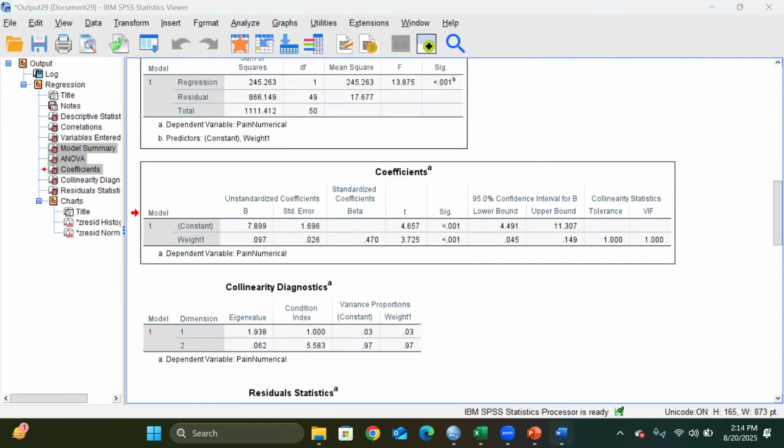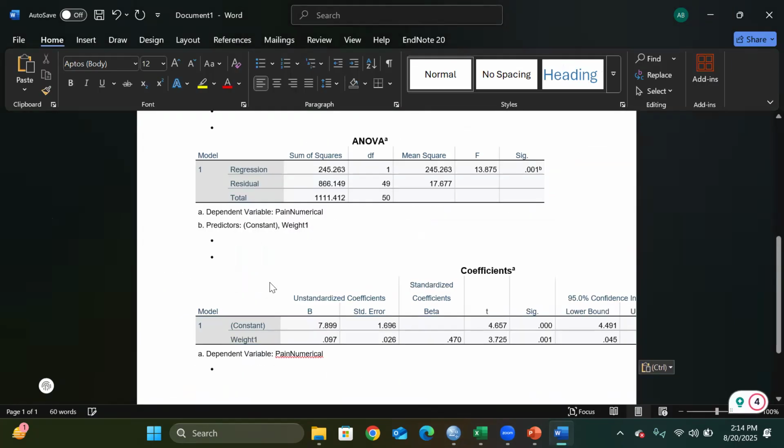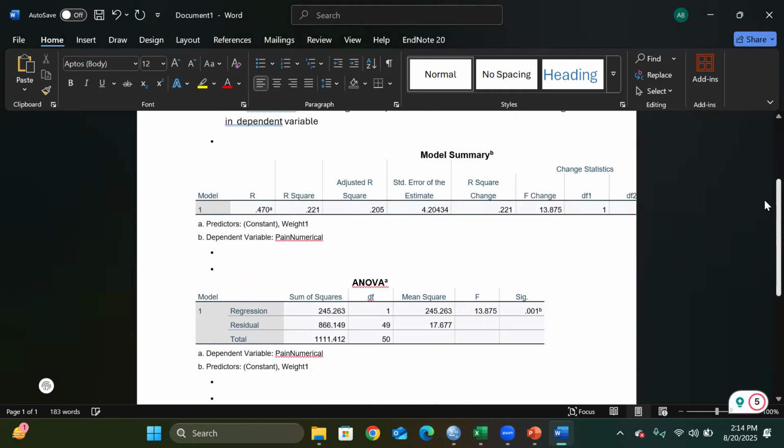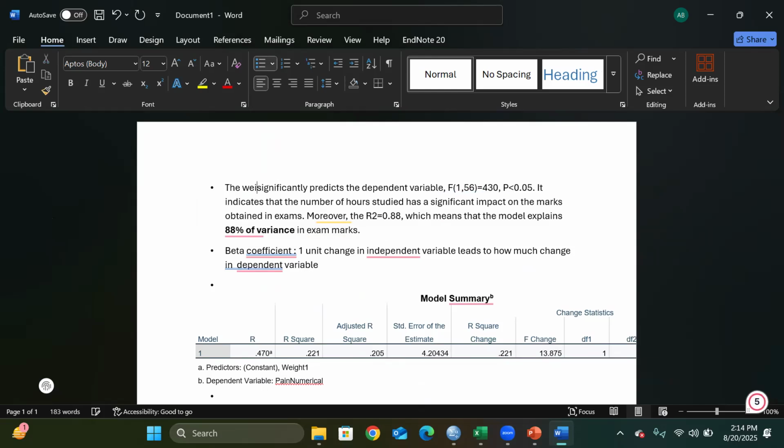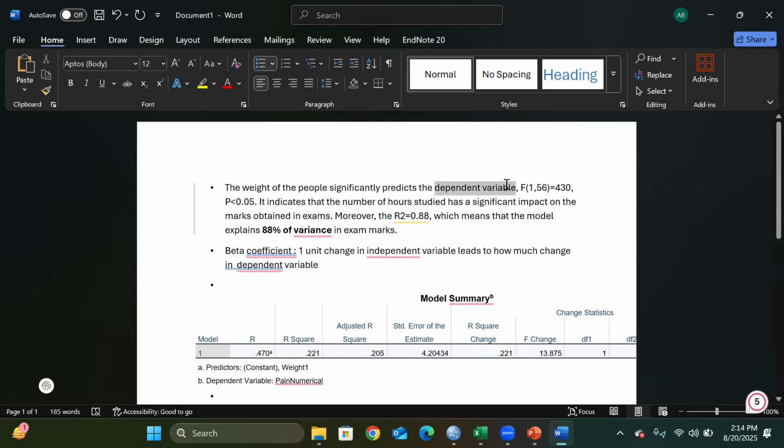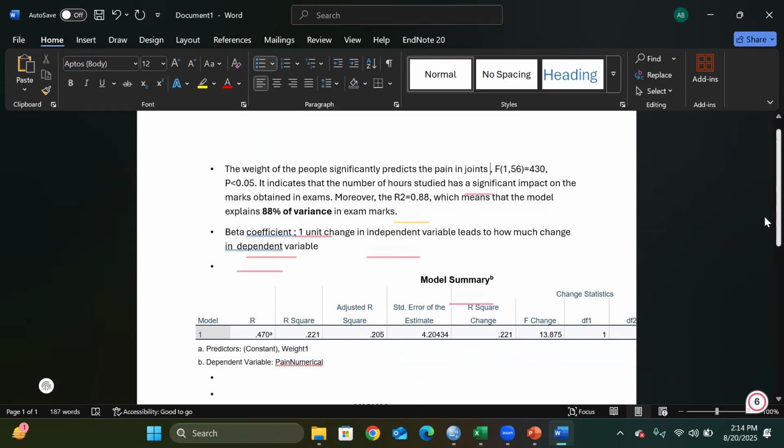We will be needing only these tables. Now I will write: the independent variable, the weight of the people, significantly predicts the pain in joints.